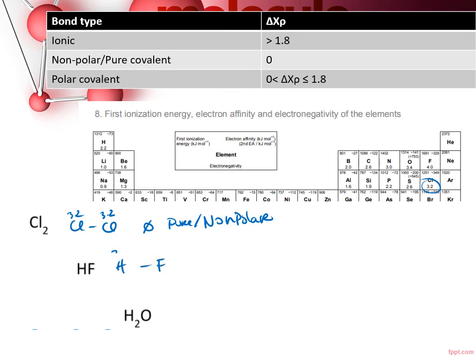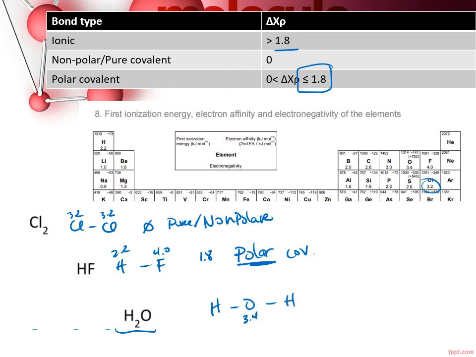How about HF? Hydrogen is 2.2. Fluorine is 4.0. The difference is 1.8. What? 1.8? It's so different. It's almost ionic, but not quite. It is definitely polar covalent, but it's so polar, it's almost ionic. Crazy sauce. And then water, H2O.